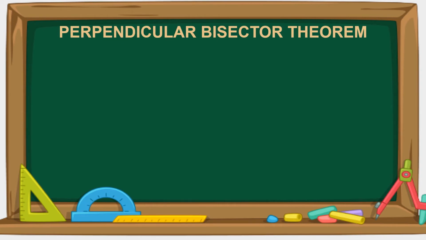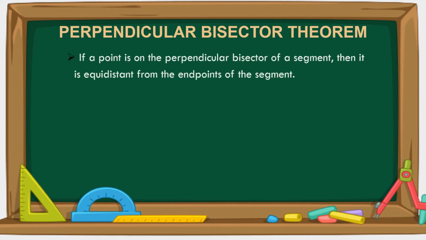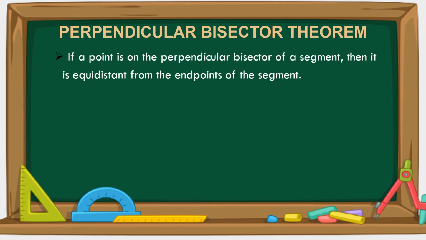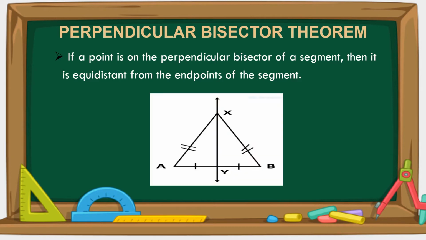The perpendicular bisector theorem states that if a point is on the perpendicular bisector of a segment, then it is equidistant from the endpoints of the segment. We have here triangle AXB. Line XY is the perpendicular bisector of line segment AB. With that, line XY is perpendicular to line segment AB. Point Y is the midpoint of line segment AB.